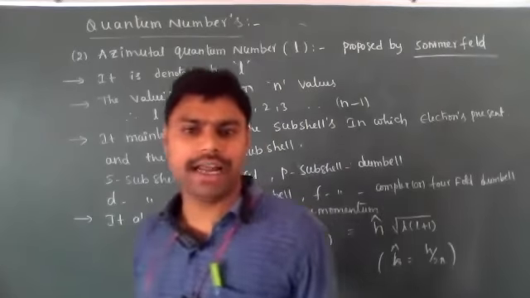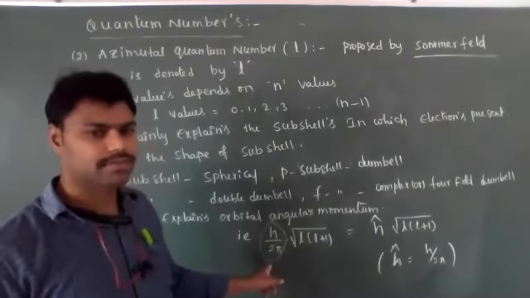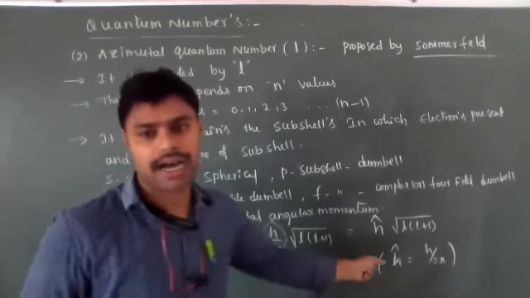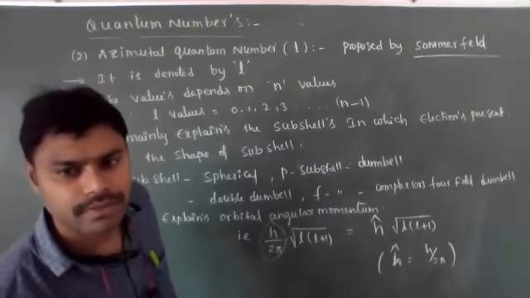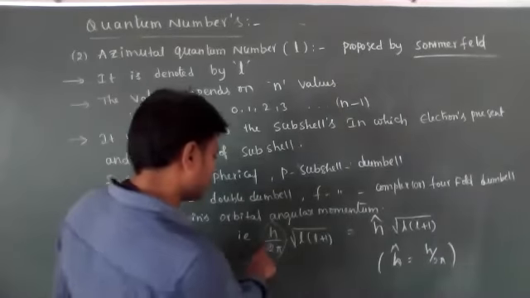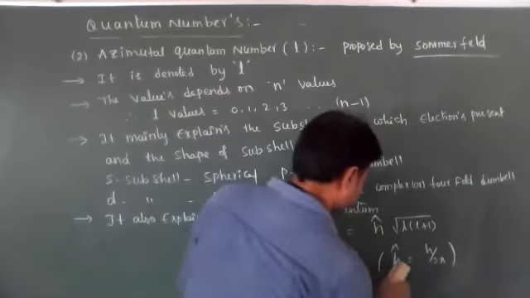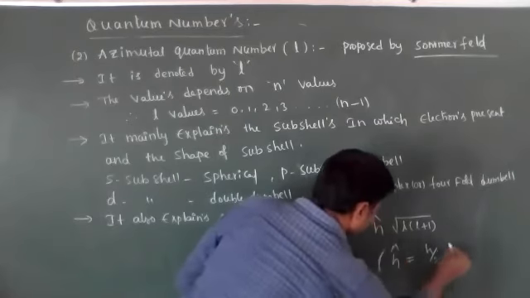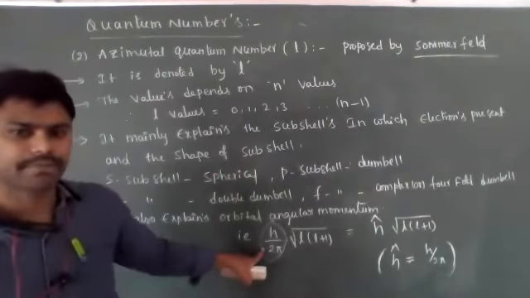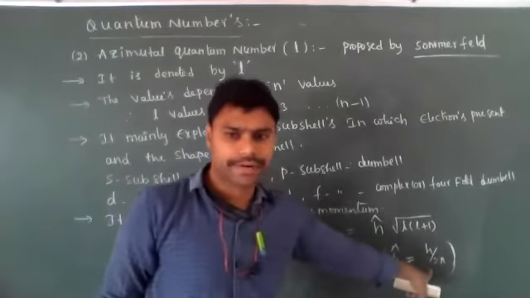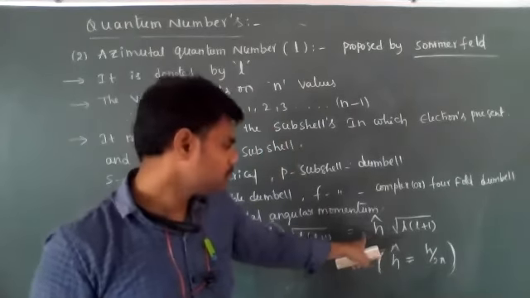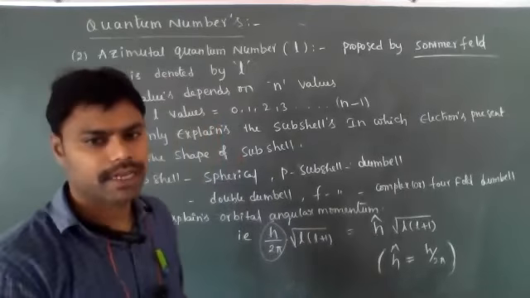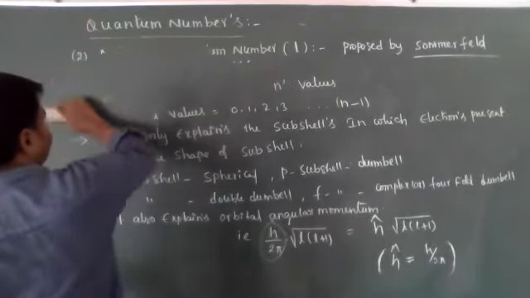So that is the orbital angular momentum formula: h by 2 pi into root over L into L plus 1, which is nothing but h bar or h cap into root over L into L plus 1. This h by 2 pi I am considering as h cap.